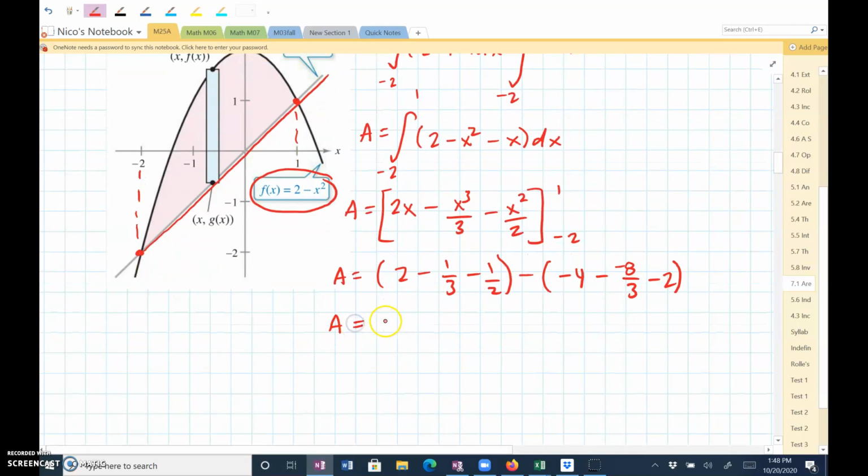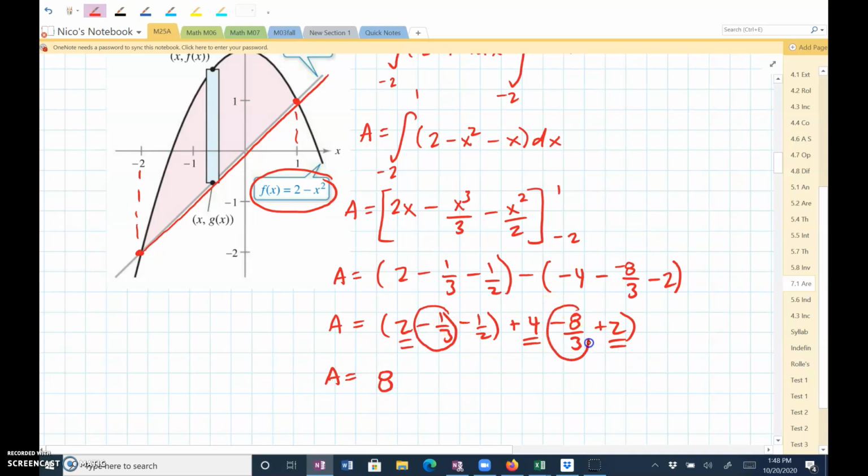So now I have 2 minus 1/3 minus 1/2 plus 4, that's positive, plus 2. So 2 plus 4 plus 2 is 8.